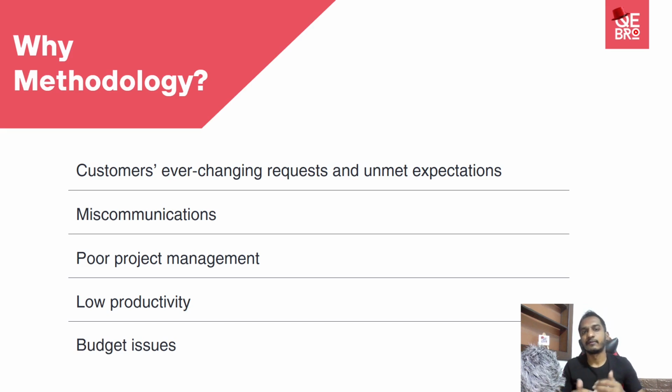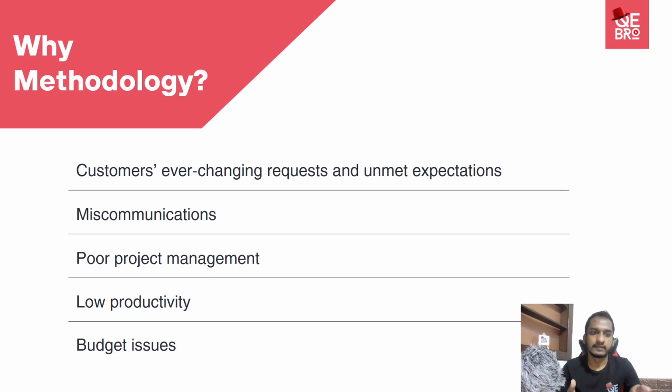Likewise, there can be different issues. These are real issues, right? Real world problems; every project or product can have these problems at least once. All these things happen due to the lack of process, or the lack of project management.